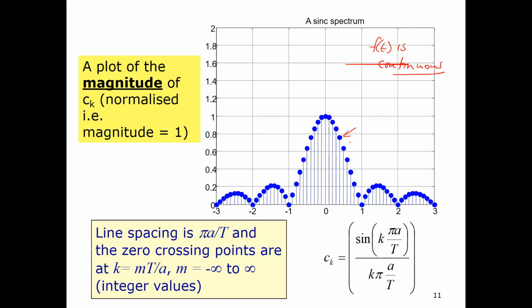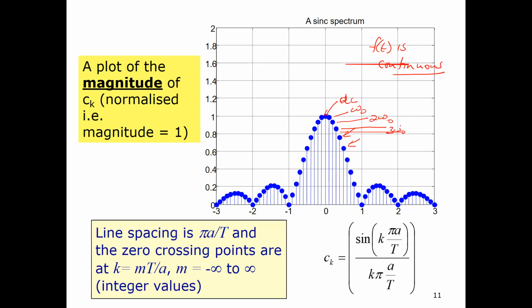Notice it happens at multiples. This is the DC value here. This will be omega 0, this will be at 2 omega 0, 3 omega 0, etc.